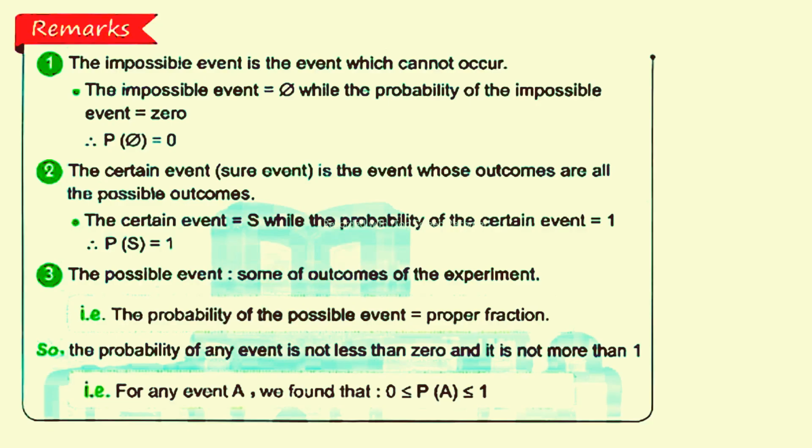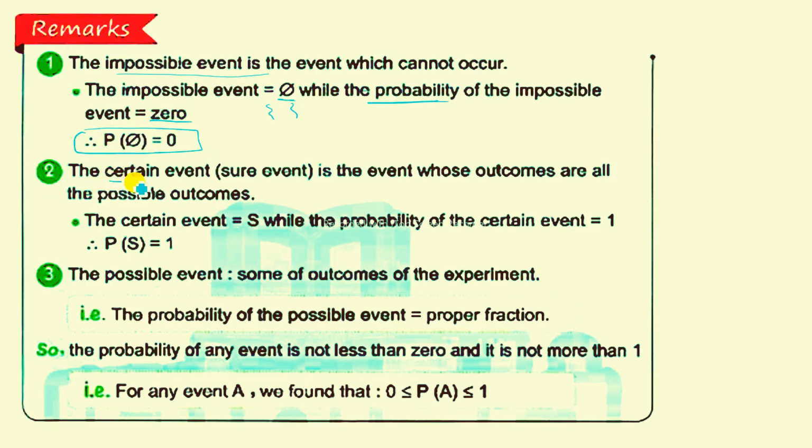Here are some remarks. We said that the impossible event is the event which cannot occur. The impossible event is equal to the empty set, while the probability of the impossible event is equal to 0. Probability of the impossible event is 0.